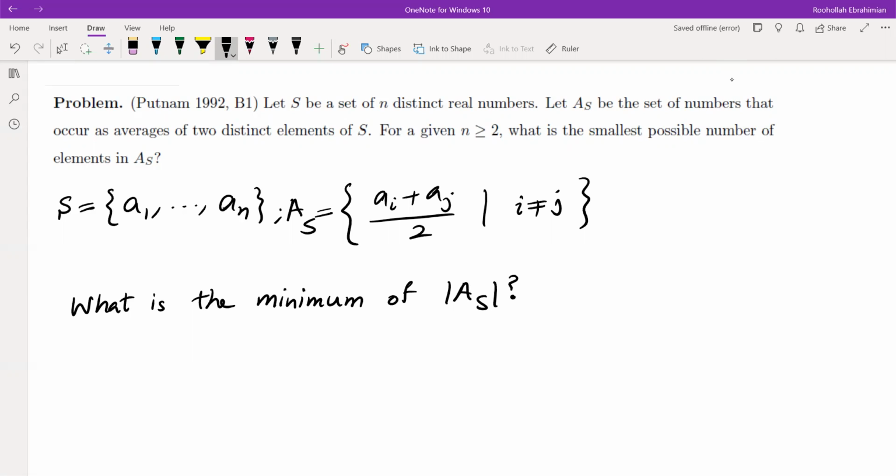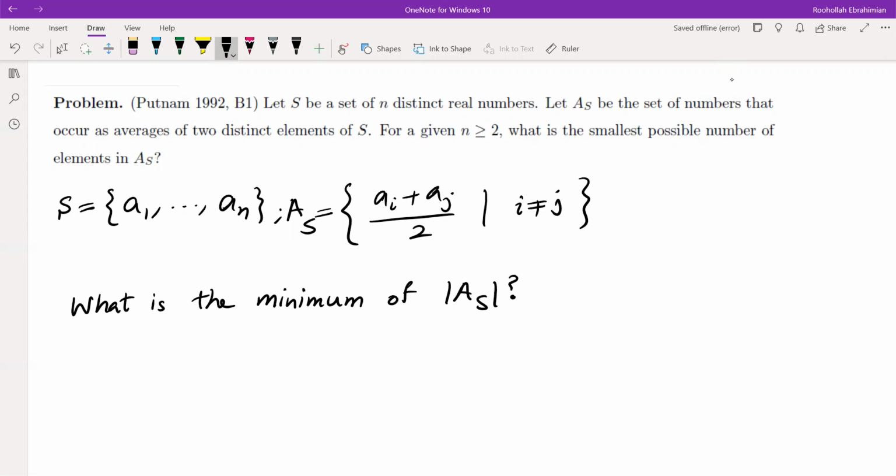So how many elements can we guarantee that AS must have? And so for that kind of thing, we need to show two things. First of all, we have to first find the number. Let's say we find that the answer is n.